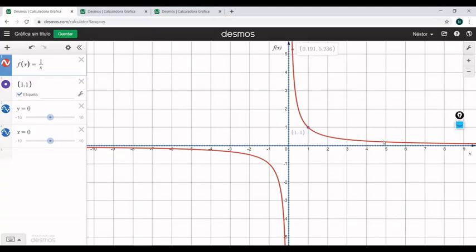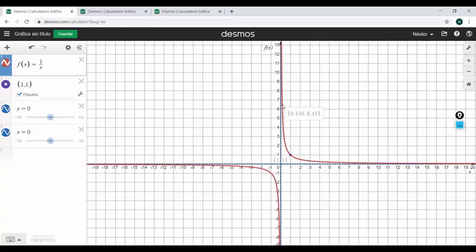Right now, x is 0.19 and f of x is 5.4 and so on. As you can see, as x approaches 0, the value of the function starts to grow very quickly towards infinity.